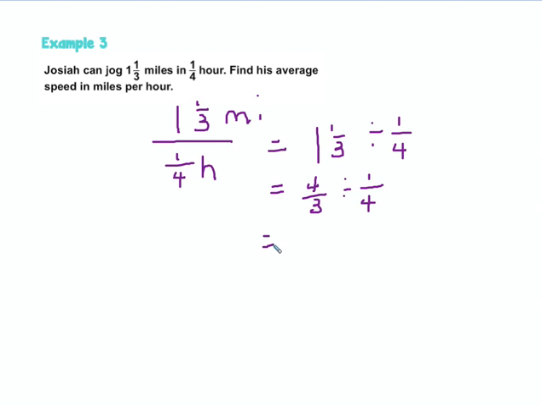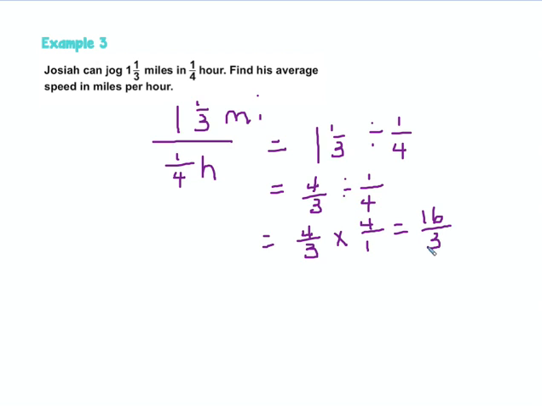Now the next step is to rewrite it as a multiplication problem. So we keep the first fraction, change the sign, and flip the second fraction. Multiplying across, we come up with 4 times 4 is 16 on the top and 3 on the bottom.